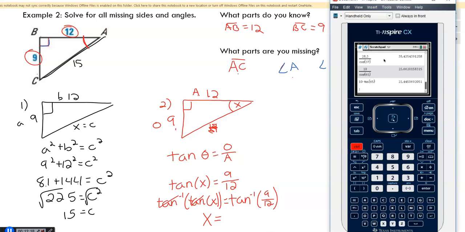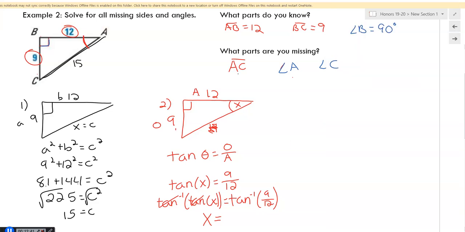So in our calculator, we do the inverse tangent of 9 divided by 12. And we get 36.9 degrees. We'll just round up to 37 degrees. Why not?